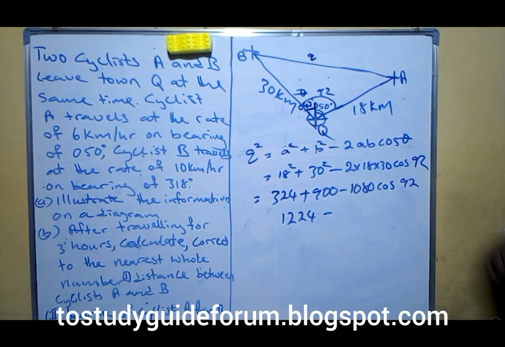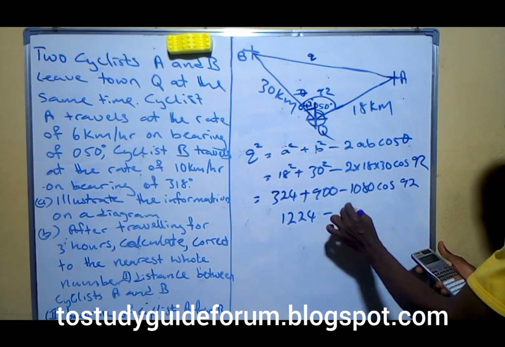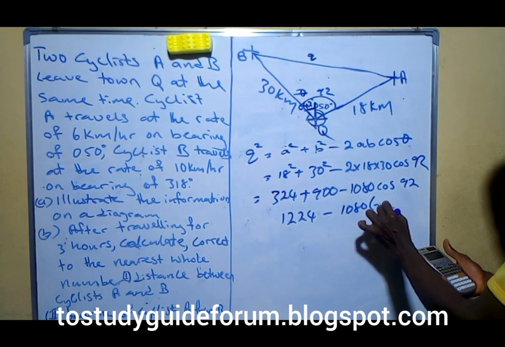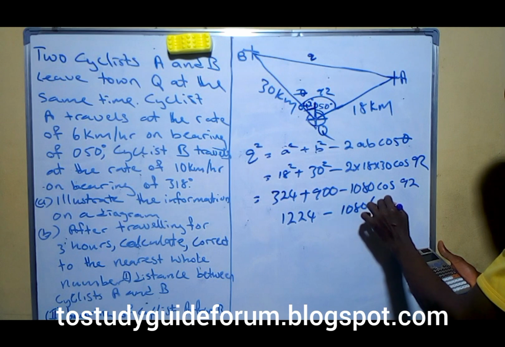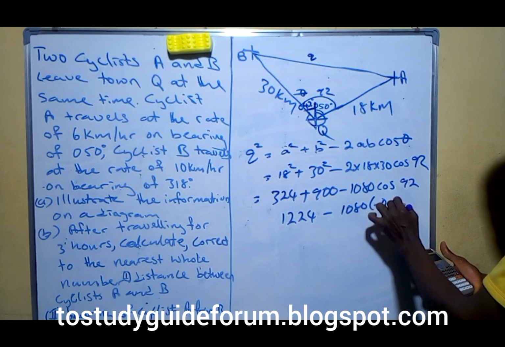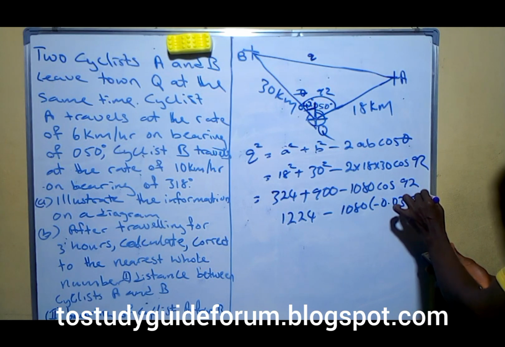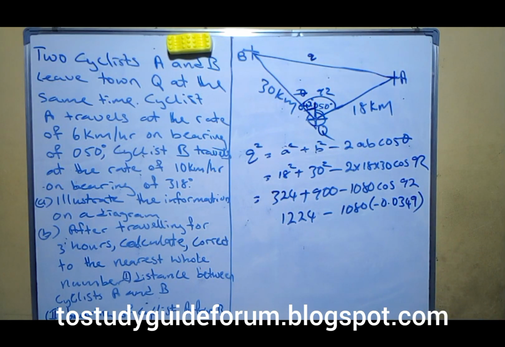So cos 92 is a negative sign. From our calculator we have minus 0.03. So this is what we have.